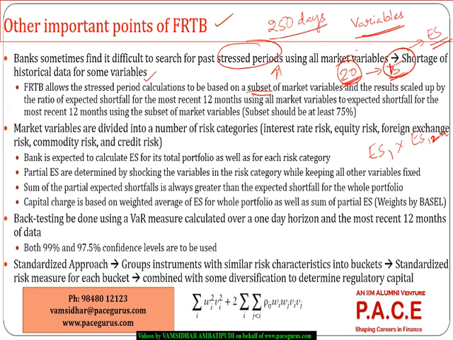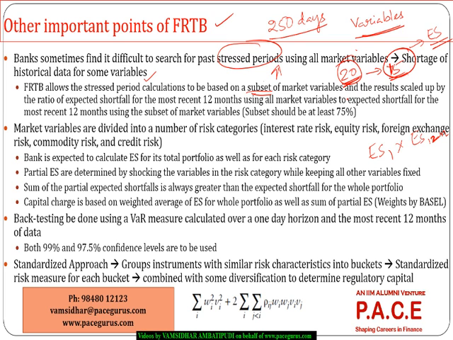Only the historical data you may not be having, but the recent data of all the market variables we definitely have. So first identify a subset of variables, let's say 15 out of 20, 75%. Using those 15 variables, identify your stressed period, and based on that you compute the ES.